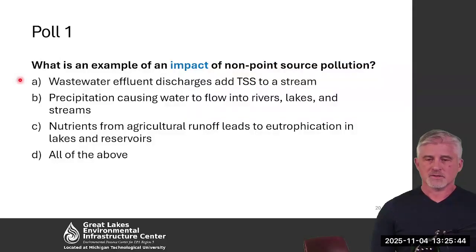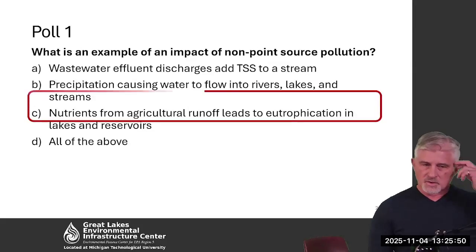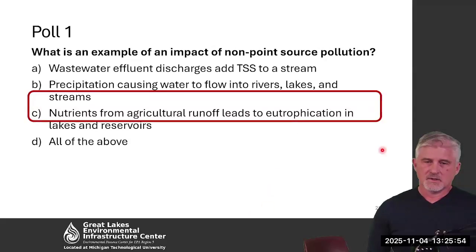All righty, so let's move on. Let's see what the correct answer is. The correct answer is nutrients from agricultural runoff leads to eutrophication in lakes and rivers. And yes, it does, that is an impact. I think the key thing is what's an impact.